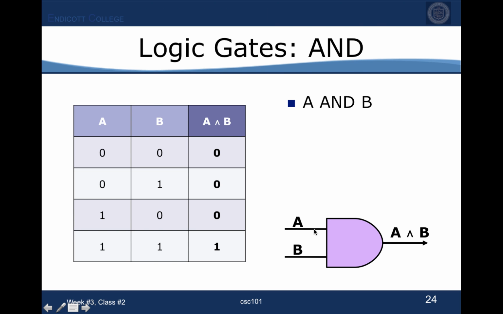In other words, you could have electricity flowing or not flowing. So it enters this gate, which in this case is and, and the wire coming out of it is again either turned on or turned off. Or in other words, electricity is flowing or not flowing, depending on the logic that's here.